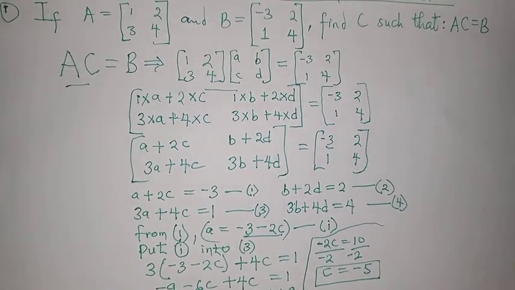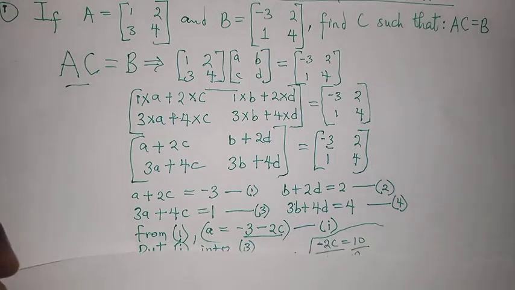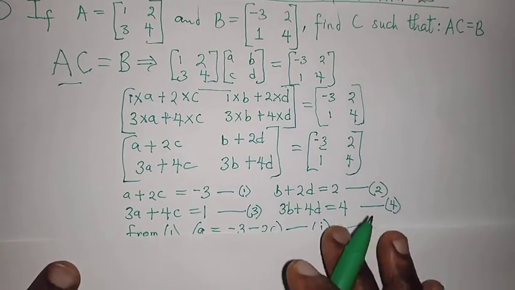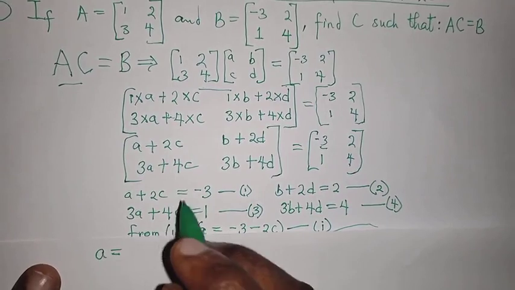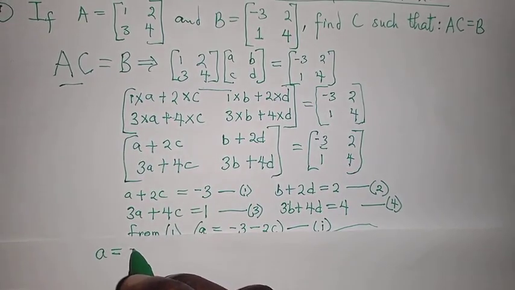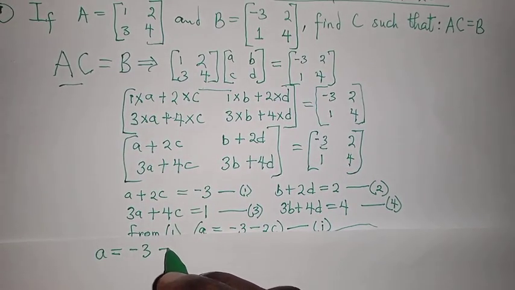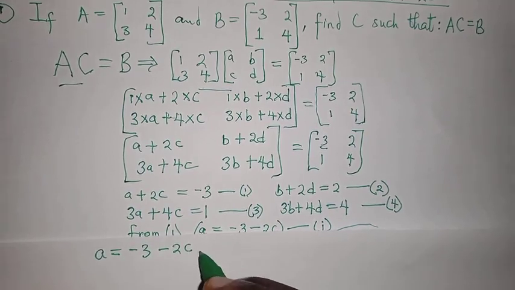Then quickly, I'm going to solve the other expression. Since I've gotten a value for C, I can now get my value for A. Remember, we said that A equals minus 3 minus 2C. So since I have a value for C, I'm simply going to slot it in.